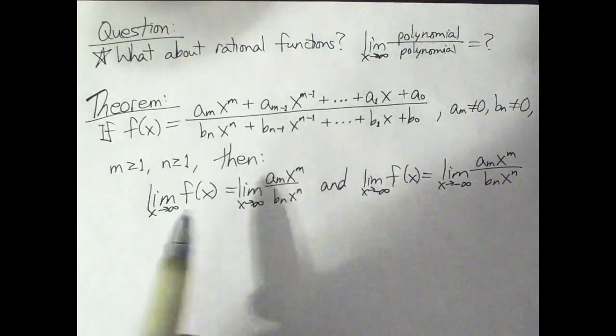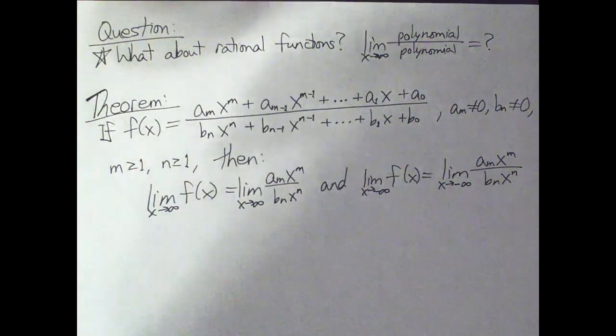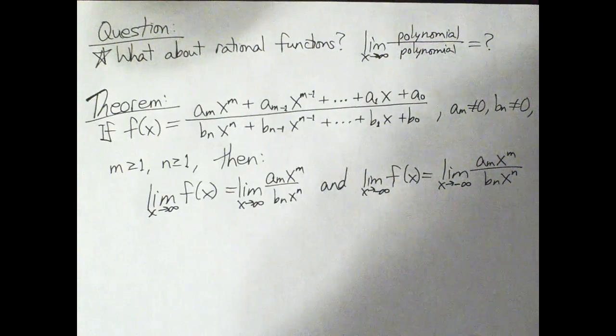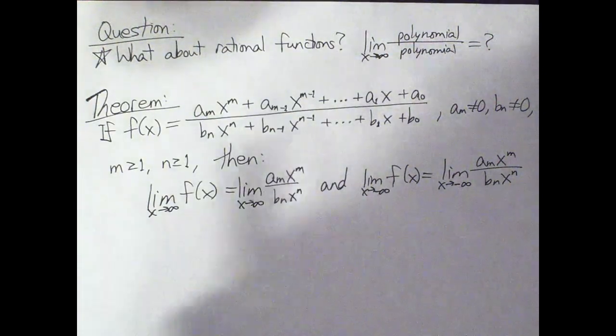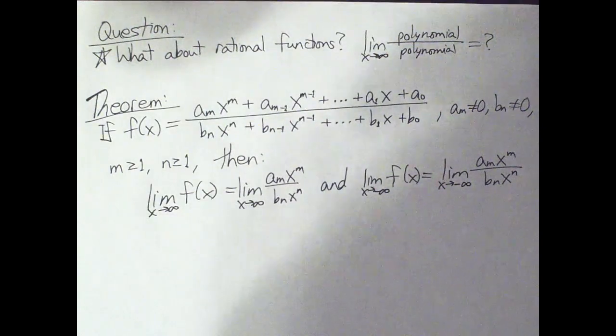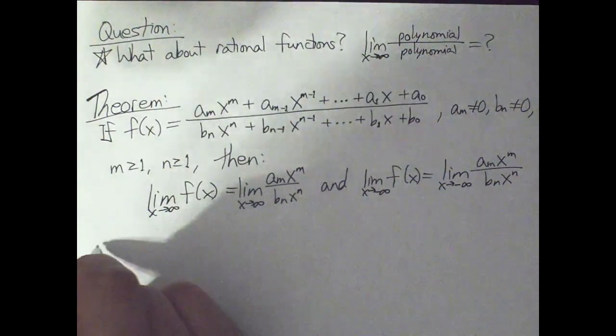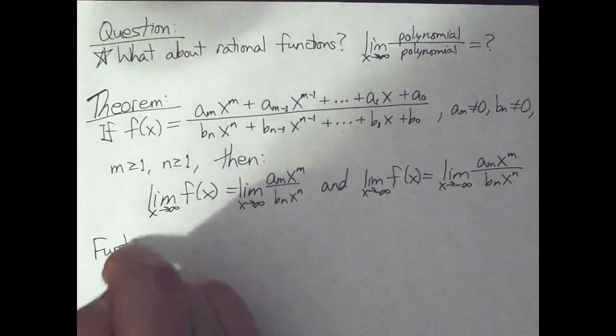So the theorem says this, and notice that this theorem does not assume that the polynomials are the same degree, like the m up top and the n on the bottom. They might be the same or they might be different. This theorem has a big furthermore.